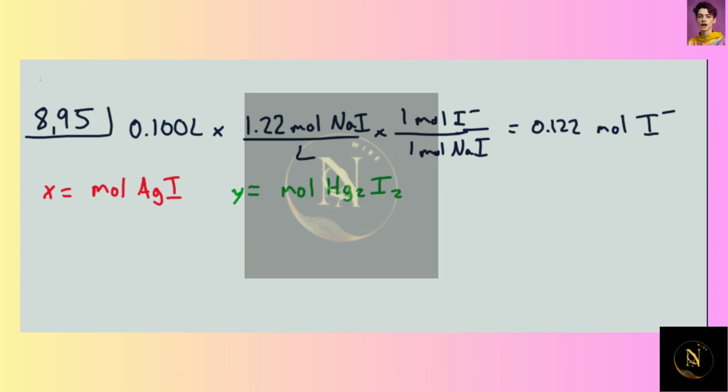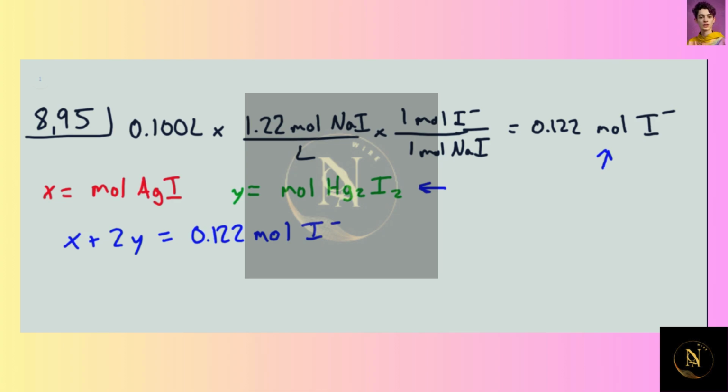So here we can make two equations. We can say first that X plus 2Y is equal to 0.122 moles of iodide. And this is true because we know that the total must equal this, and we know that 2 moles of iodide are necessary to form this solid here.